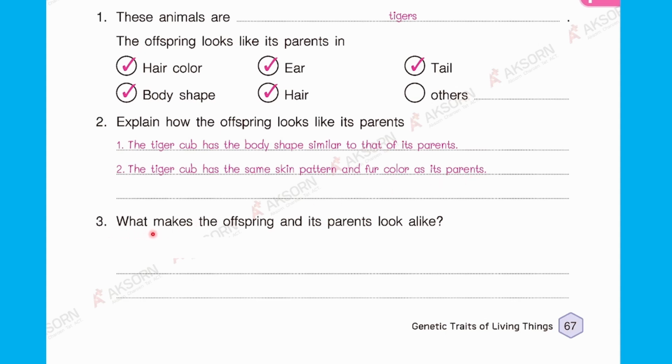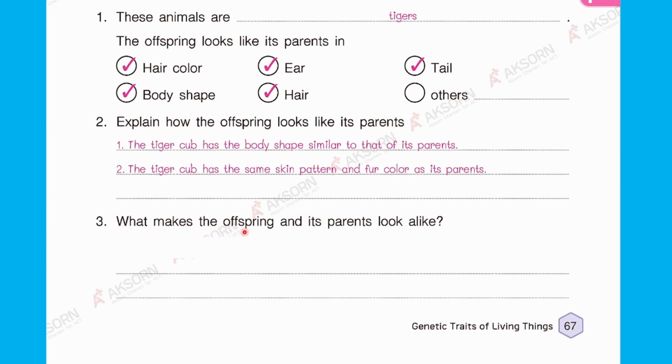3. What makes the offspring and its parents look alike? So fur here is what we call the hair on an animal. We don't really say hair for a cat or a dog or a lion. We say fur. 3.